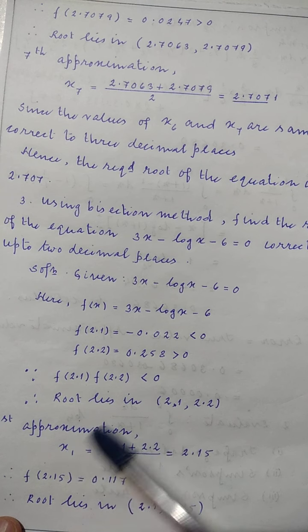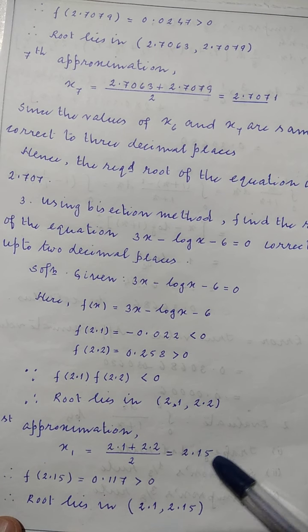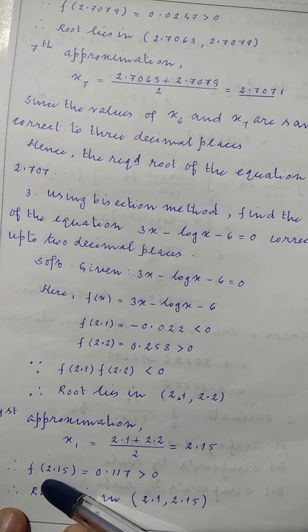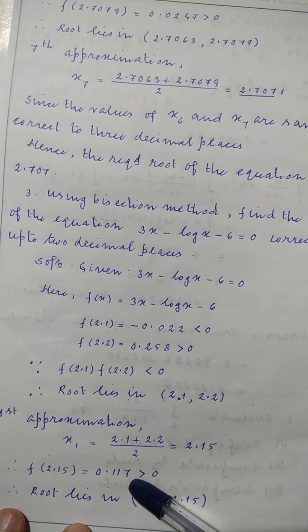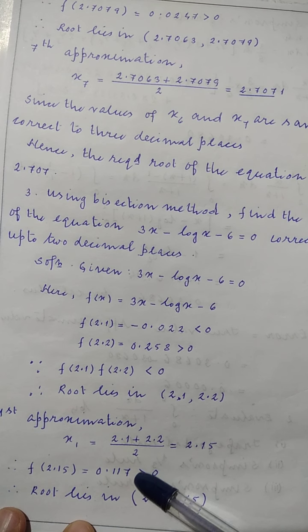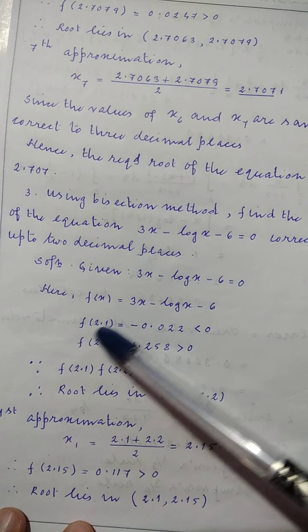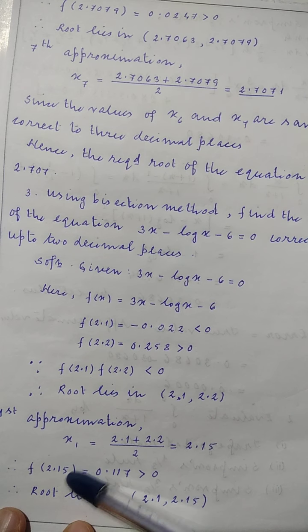So in a similar manner, take the first approximation x1, you will get 2.15. So f of x1, that means f of 2.15, you will get a positive value. So now we can say f of 2.15 is positive, and f of 2.1 is negative. That means the root lies between 2.1 and 2.15.